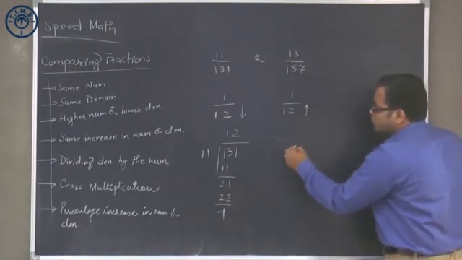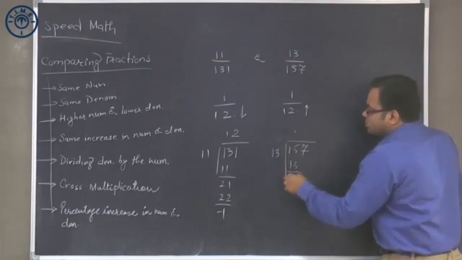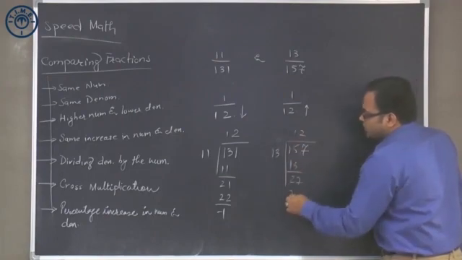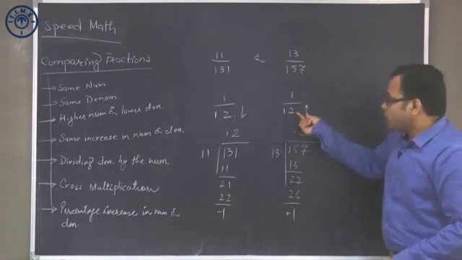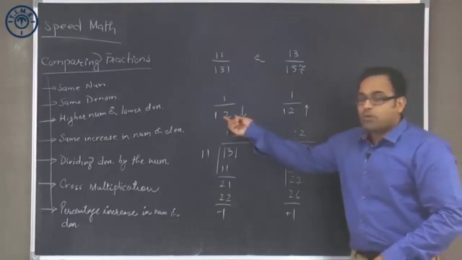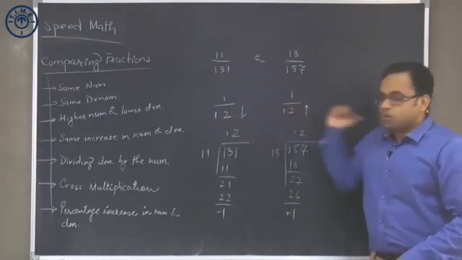Whereas in this case, 157 divided by 13, 13 1 is 13, 13 2 is 26, what remains is a plus 1. So therefore, this is 12 point something minus, this is 12 point something plus.